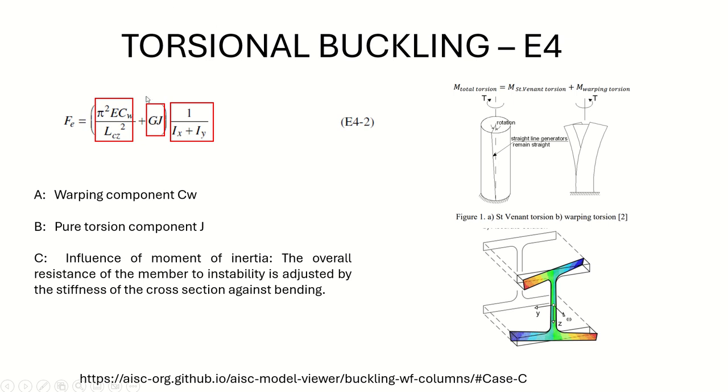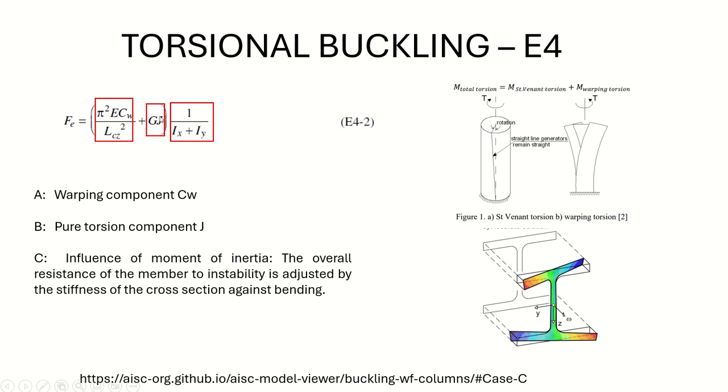As you can see, torsion is a composed behavior. One of them is the pure torsion and the other one is the warping torsion. So this equation is trying to represent both behaviors. The first one is the warping behavior, that's why it contains the warping constant, and the second one is related to the pure torsion behavior.